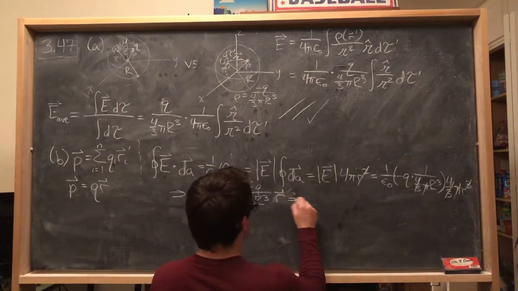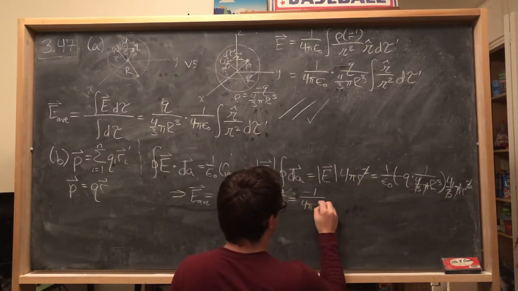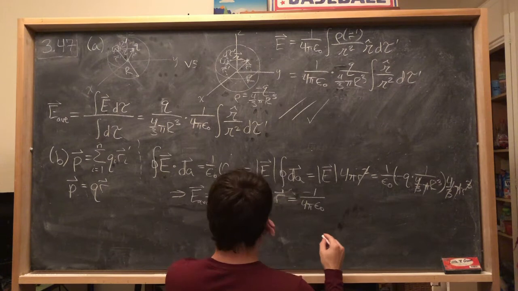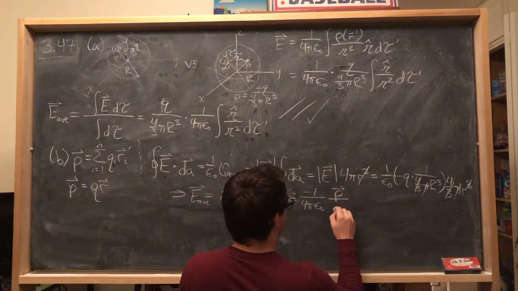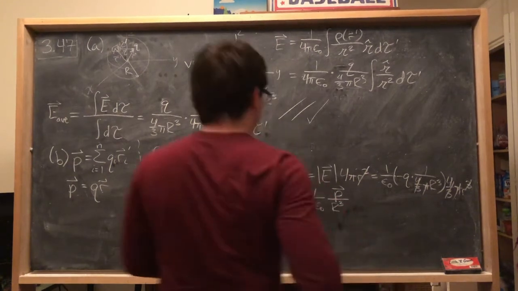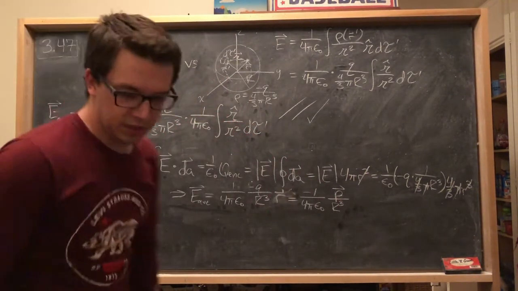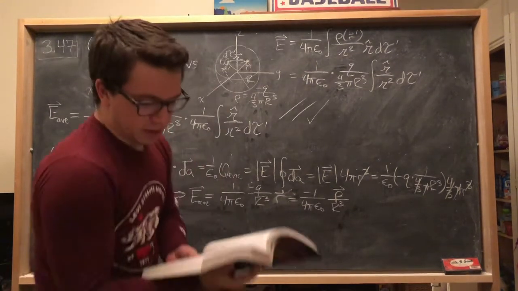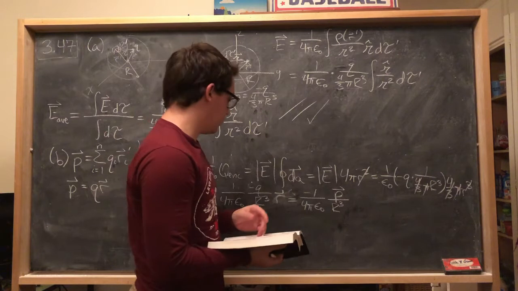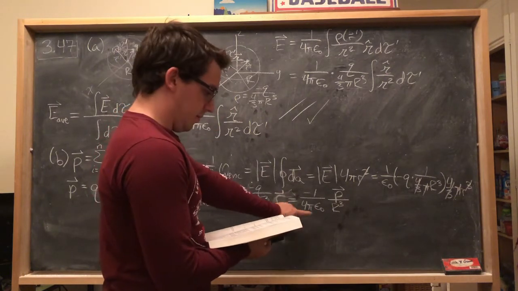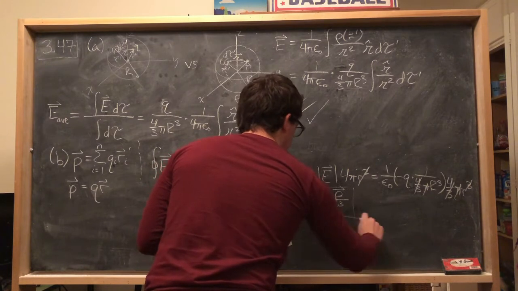And so we can now write this as minus 1 over 4 pi epsilon naught, our dipole moment over the radius of the sphere cubed. And as we can see, equation 3.105, which is what we're looking for, is the same as what we've just found.